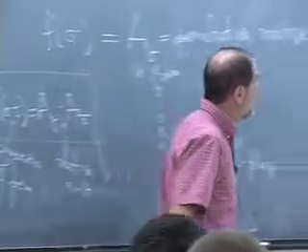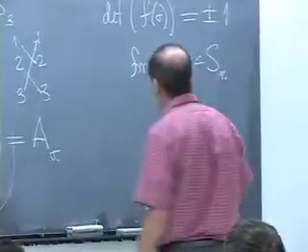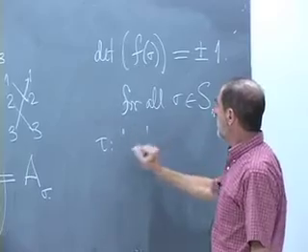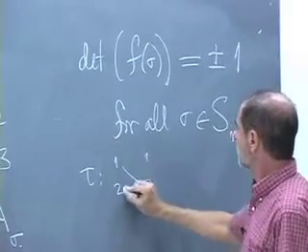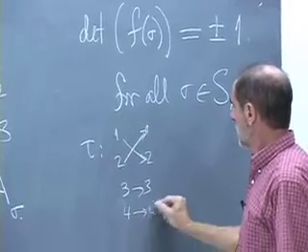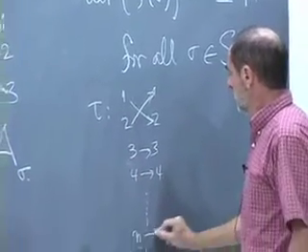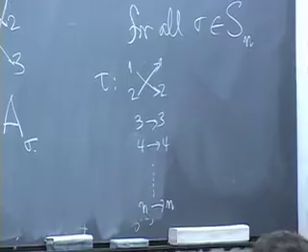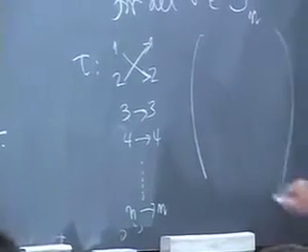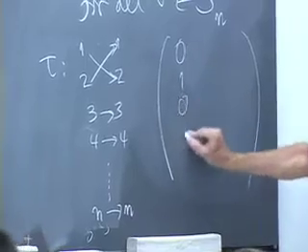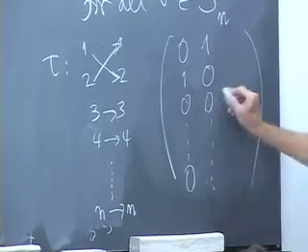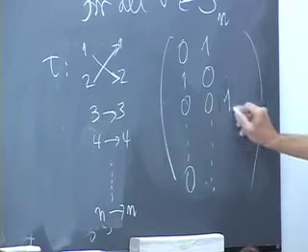And by the way, the determinant can be minus 1, if you take a transposition which takes 1 to 2 and fixes everything else. So that's our simplest element in the symmetric group that moves anything, then as a matrix it looks like this. And then it has 1s the rest of the way down the diagonal.